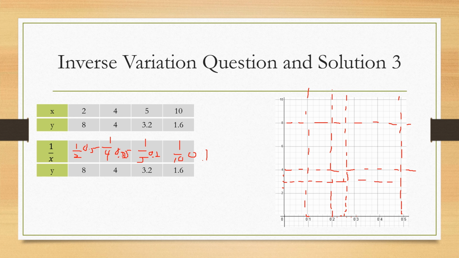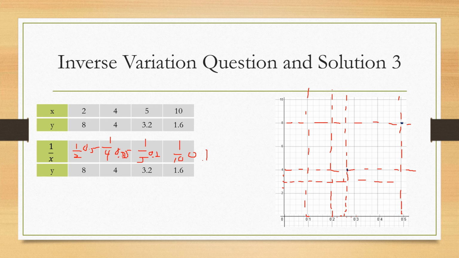So for 8, we will plot it. For 4, we will plot it. This one is the 0.25. This one is 3.2. Oh, 8. Oh, sorry. This was supposed to be here, and this was not supposed to be here.